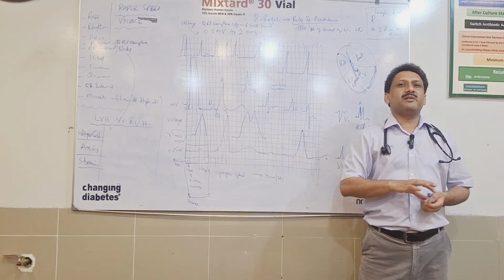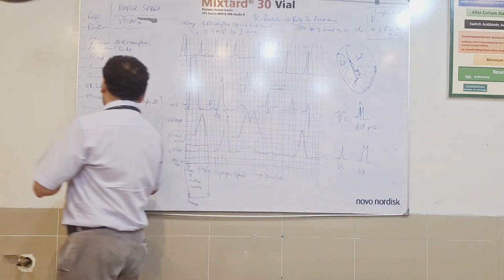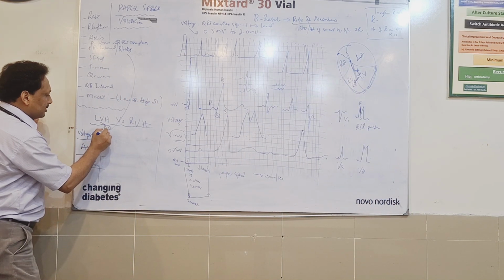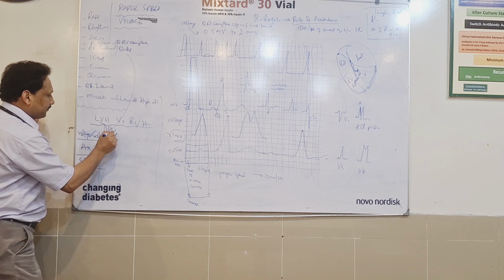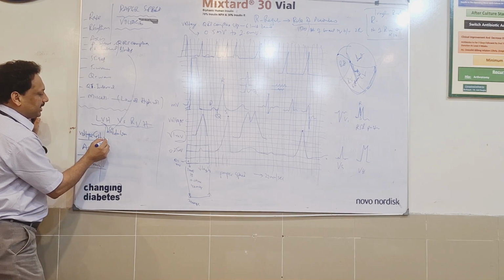So the most important criteria, if somebody ever asks you for LVH based on the voltage, is known as Sokolow-Lyon criteria. What is the Sokolow-Lyon criteria?